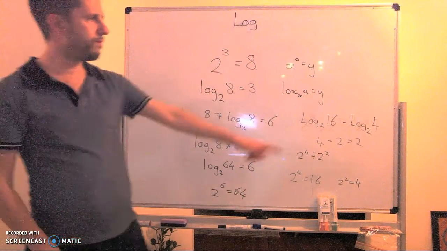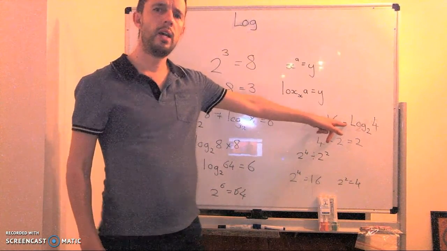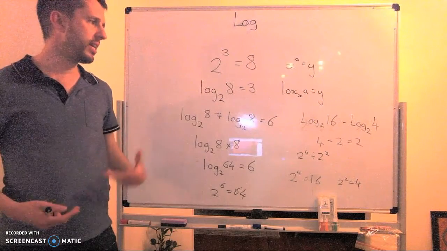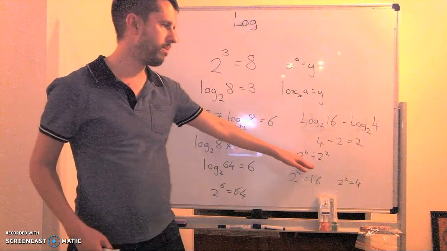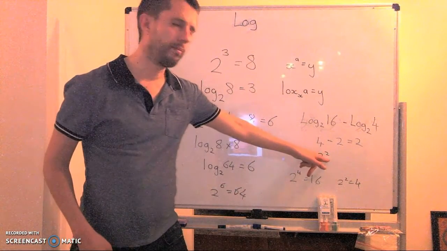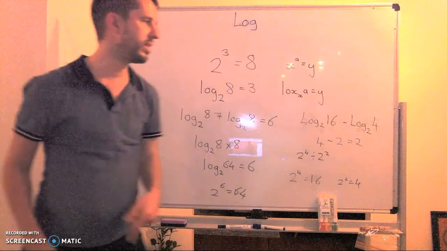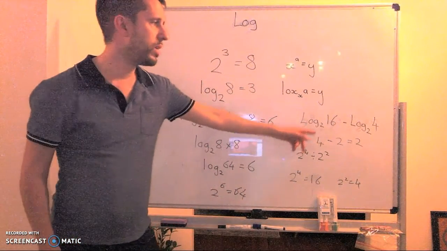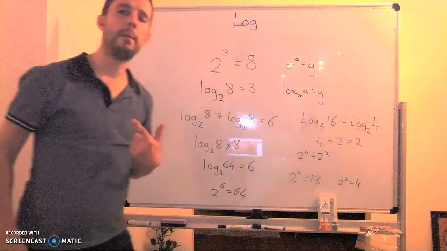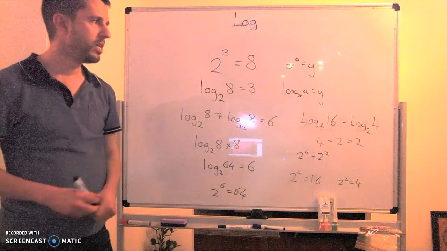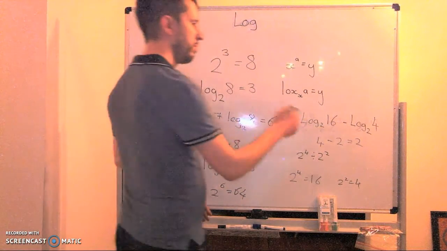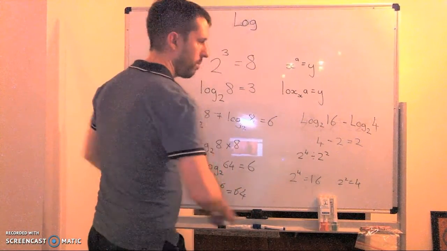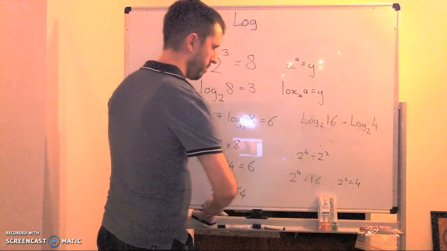So likewise before, when we're dividing with exponents, we are subtracting. And that's why we are subtracting our log, which is here. But that means we are also dividing our actual amounts. So I will clear this part here.